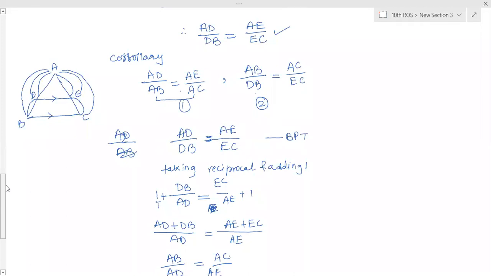Is this clear? Completed? To prove the second one, do we have to take the reciprocal of first? No, not needed to take any reciprocal. Directly add 1 in this BPT part. You'll get the answer.